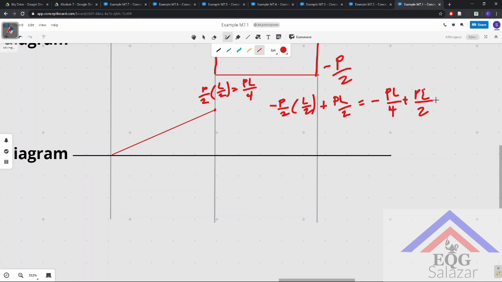If you add that, then you will come out with PL over 4, and therefore the point remains here even on the segment BC.